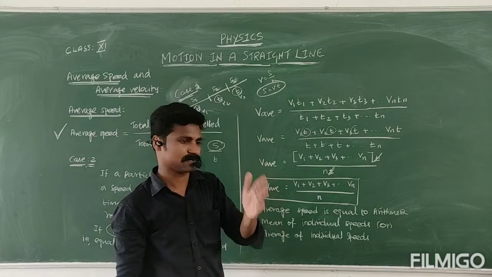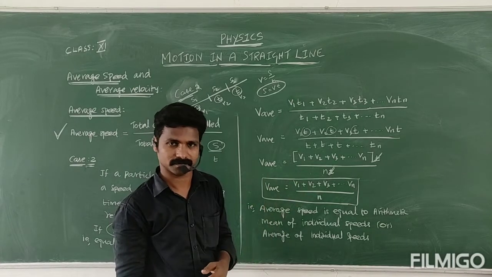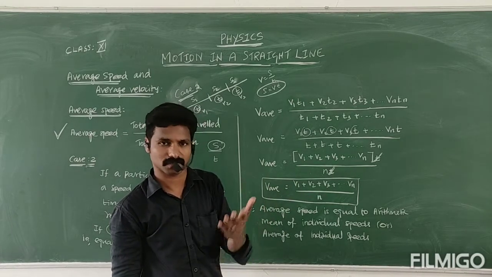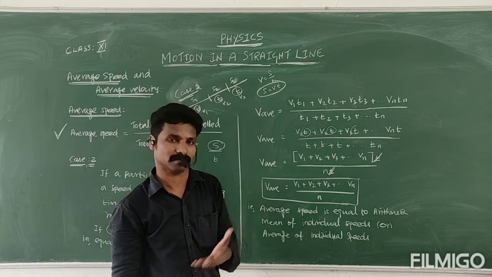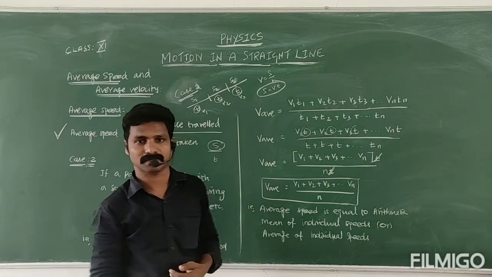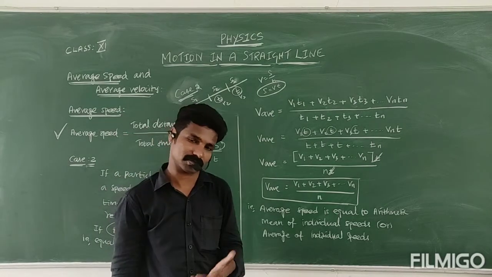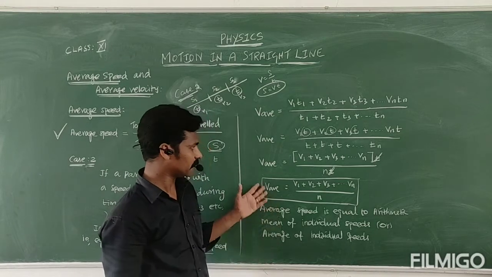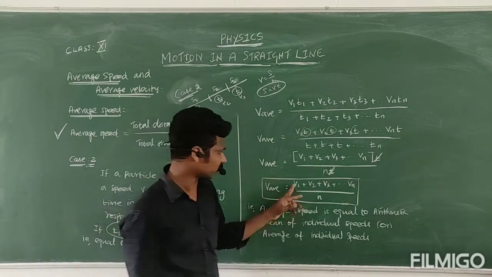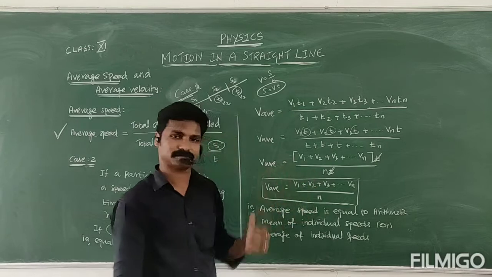For two velocities, it is v1 plus v2 divided by 2. In the equations of motion also, using the average velocity, we calculated some derivations: S is equal to ut plus half at square and v square equal to u square plus 2as. You remember the derivation, the basic method. So if it is two velocities, v1 plus v2 divided by 2.